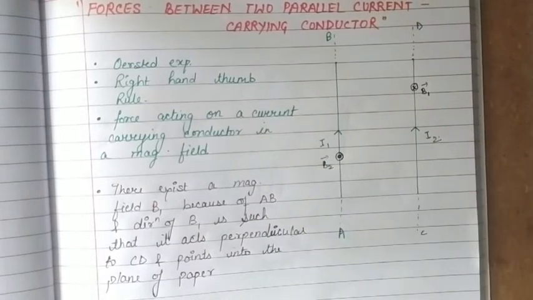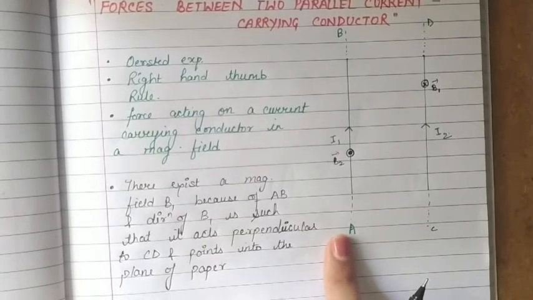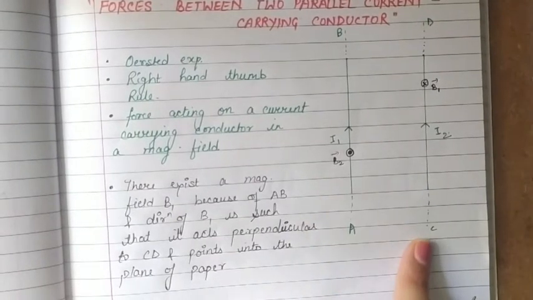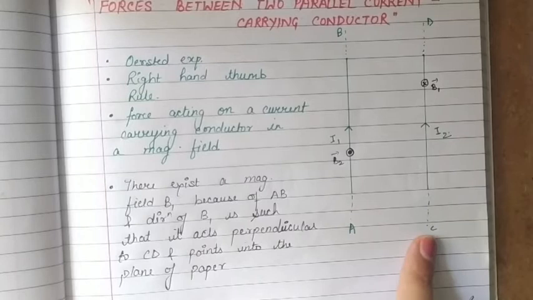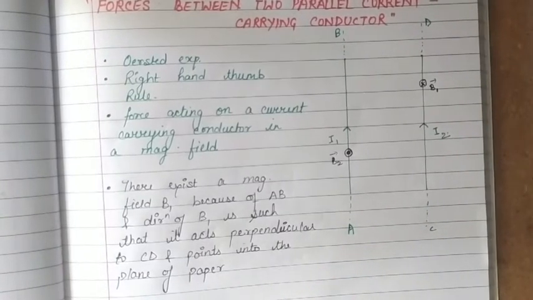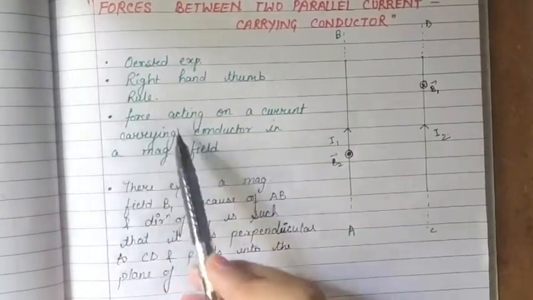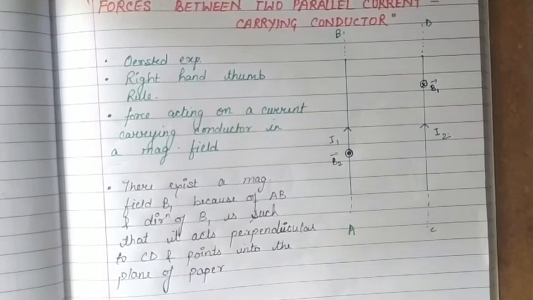So now, conductor AB is placed in the magnetic field B2 because of the conductor CD, and conductor CD is placed in the magnetic field B1 because of the conductor AB. Now comes the third concept that we have studied, the force acting on a current carrying conductor in a magnetic field.